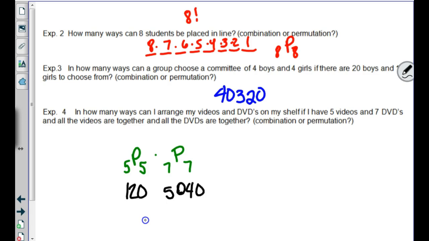Okay. Now the question is, do I multiply those together? I have to keep these together, and I have to keep these together. I still think I do because, yeah, I'm confusing myself.